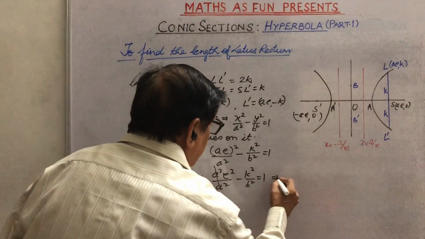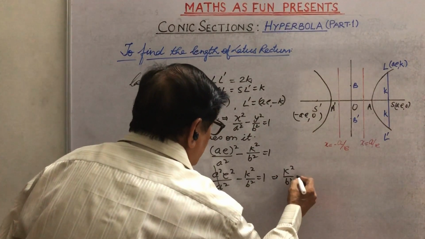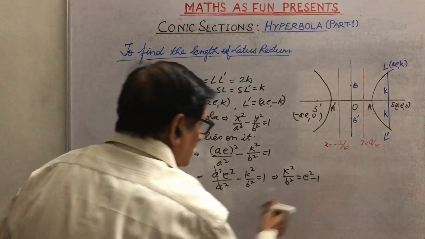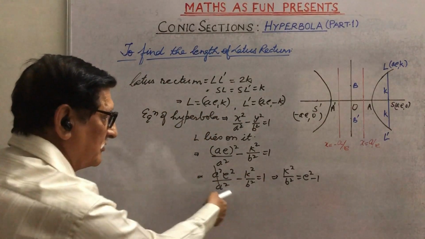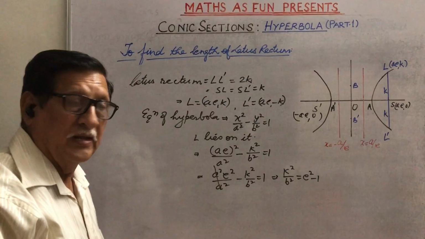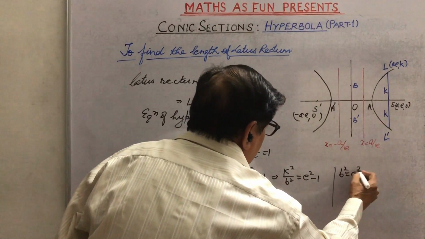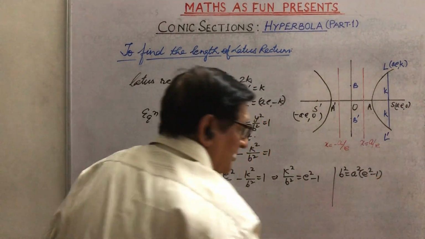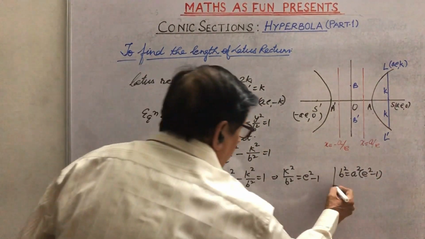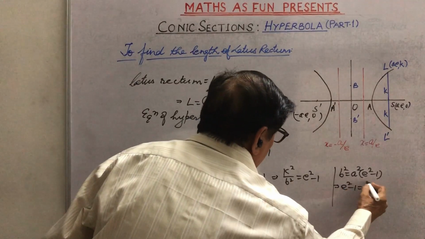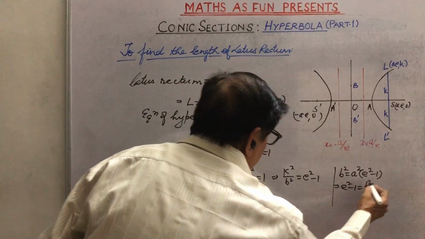Then we are getting k square upon b square is equal to e square minus 1, as we have transposed this on that side and 1 on this side. And we know from the relation that b square is equal to a square into e square minus 1, so e square minus 1 is equal to b square upon a square.